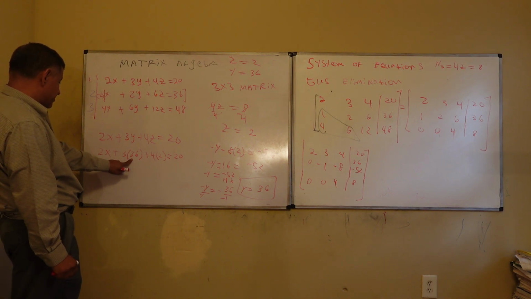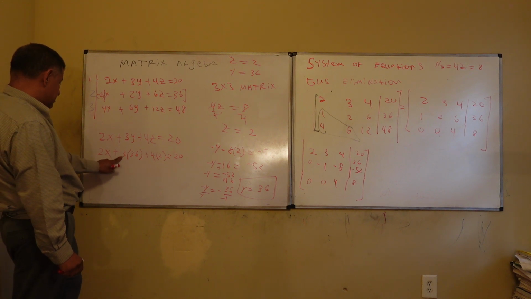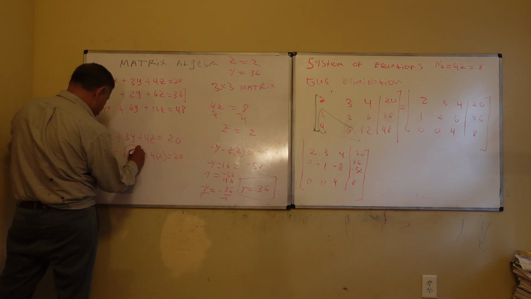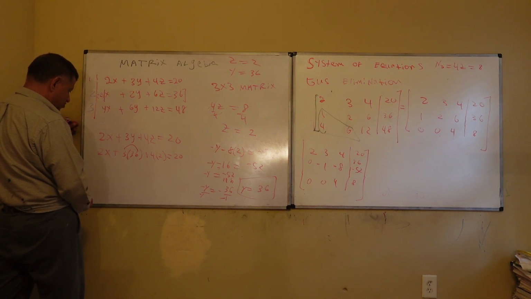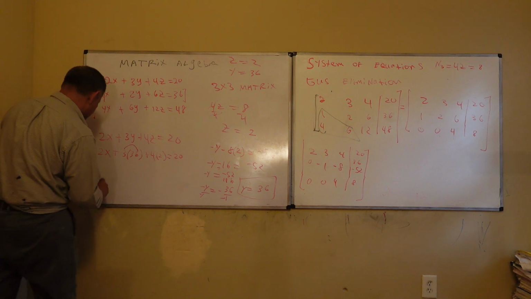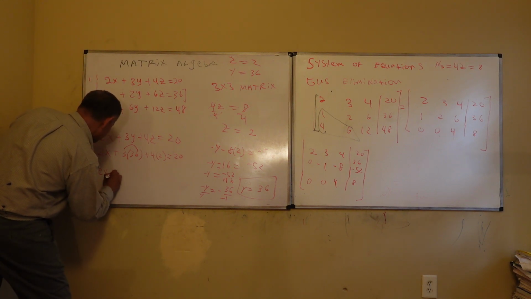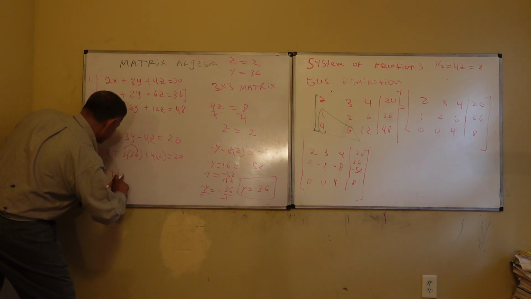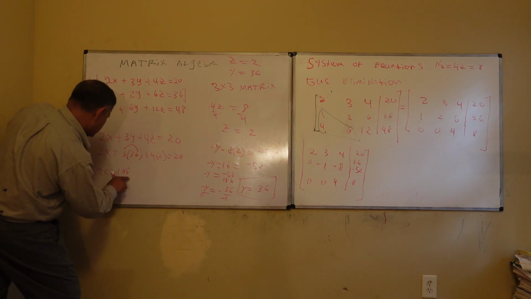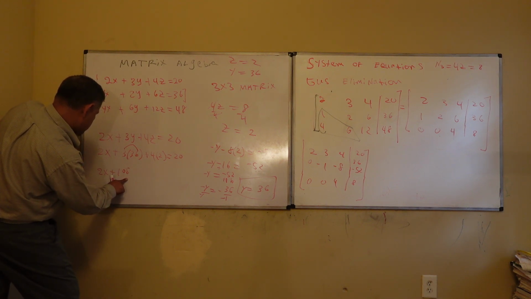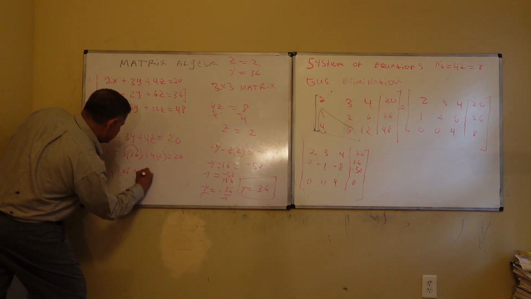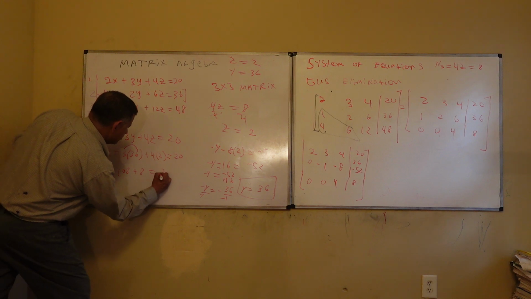So this one gives you 108. So it's 2x plus 108 plus 8 is equal to 20, right?